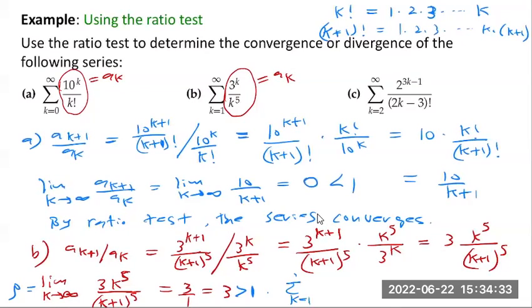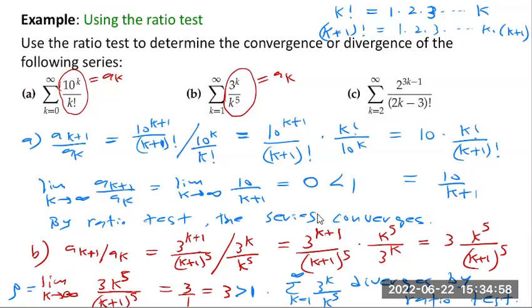The sum for k from 1 to infinity of 3 to the power k divided by k to the power 5 diverges by ratio test. Okay, that completes that example. And this example is also very similar to the first two parts, so I will leave that as an exercise.